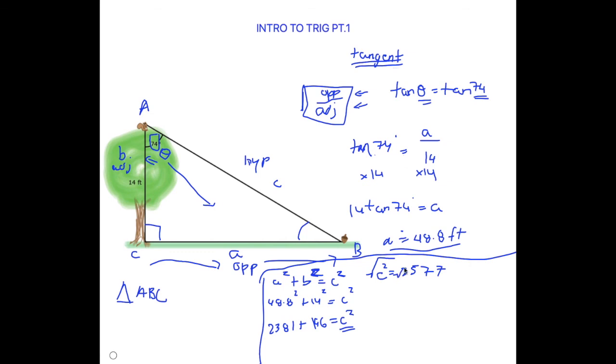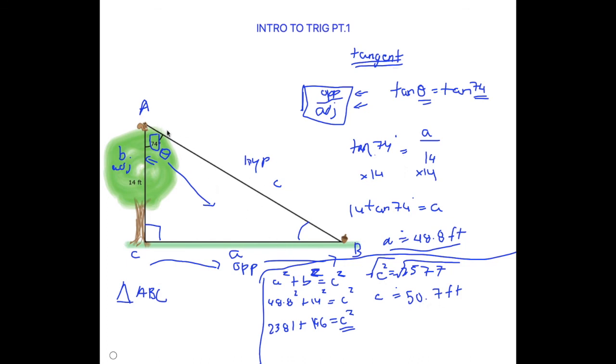So let's take the square root of that, and therefore c is equal to the square root of 2577, which is approximately 50.7 feet. So now we know that the hypotenuse is 50.7 feet.